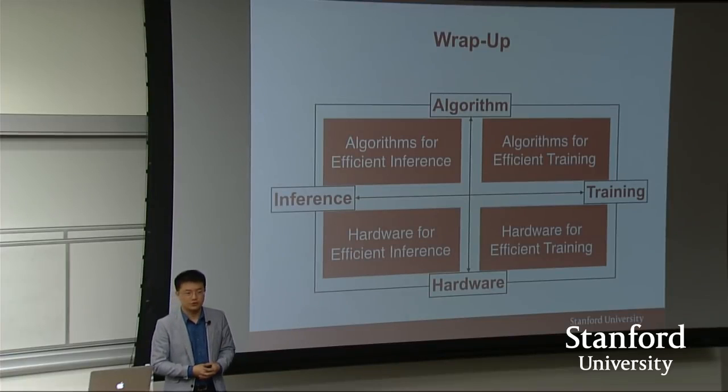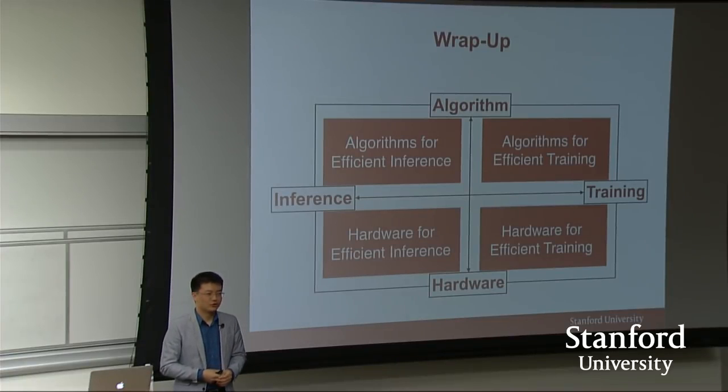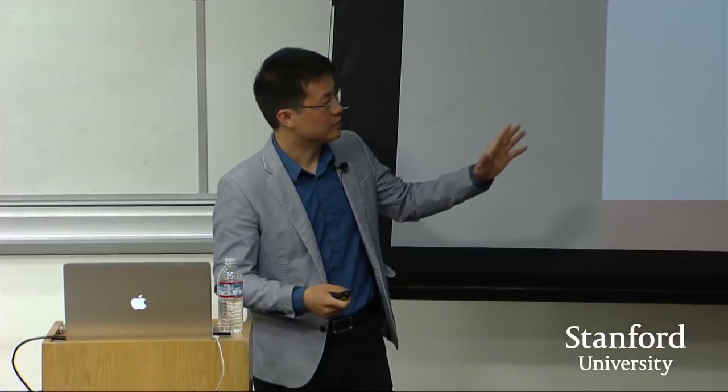And finally, we covered the hardware for efficient training and introduced two nuclear bombs. One is the Volta GPU. The other is the TPU version 2, the Cloud TPU, and also the amazing tensor cores in the newest generation of NVIDIA GPUs.